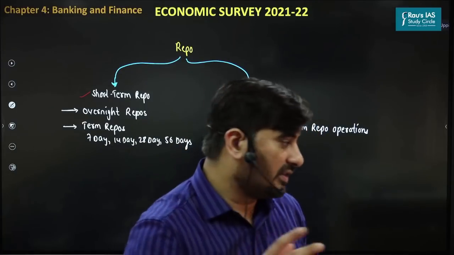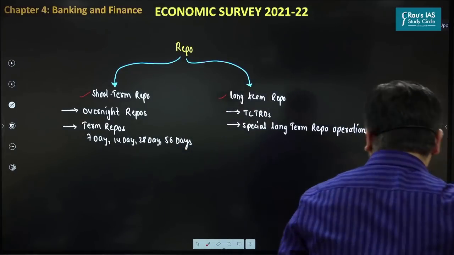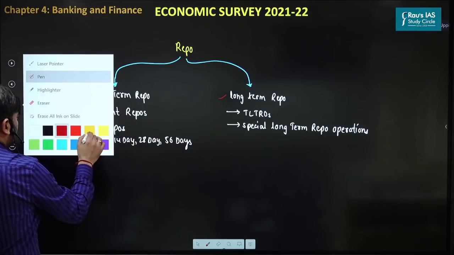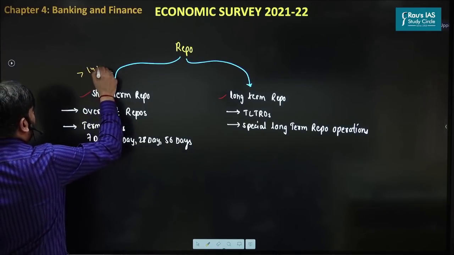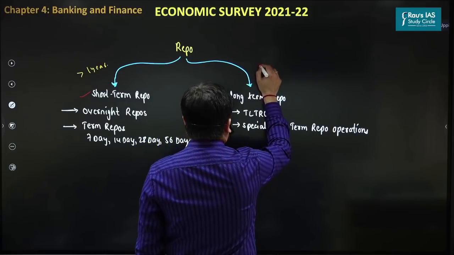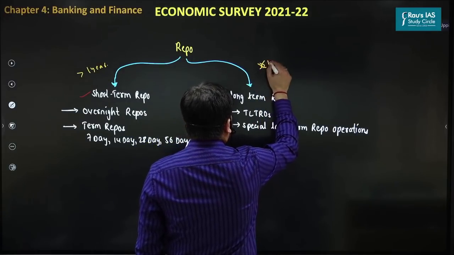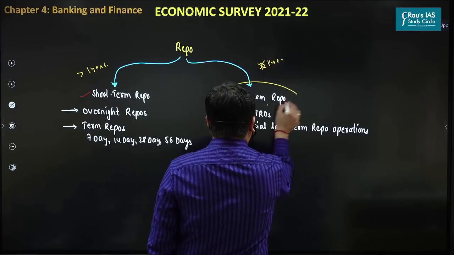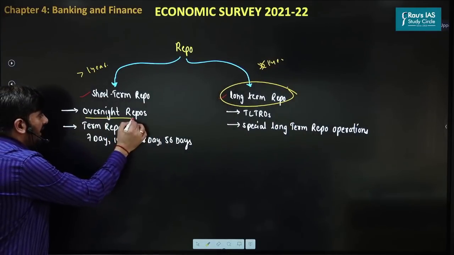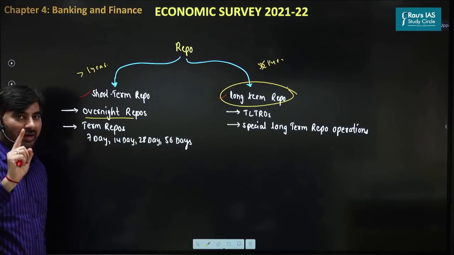With respect to short-term repos, the duration of loans is less than 1 year, whereas if the duration of loans is greater than 1 year, then we call it long-term repos. Within short-term repos, you have overnight repos whose duration is equal to 1 day.